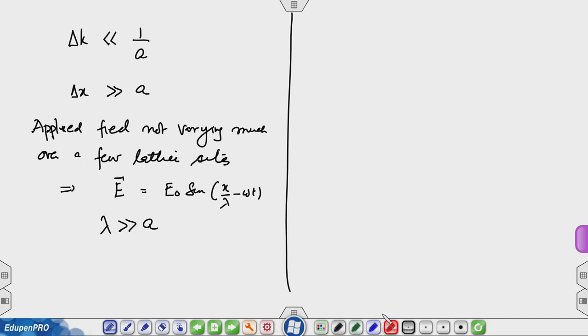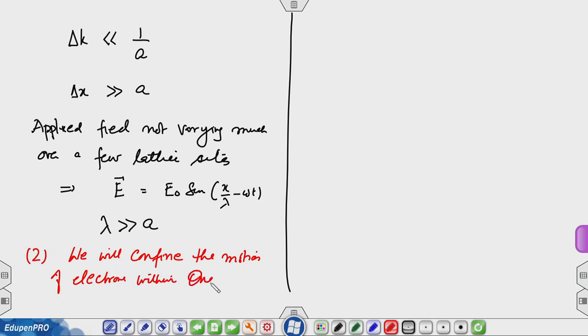Then the other point that we will be taking is, we will confine the motion of electrons within one band.